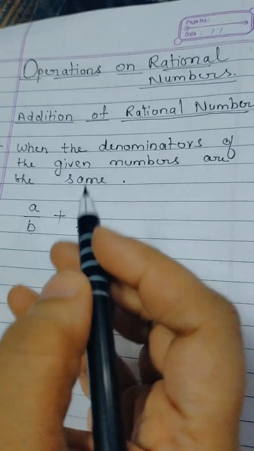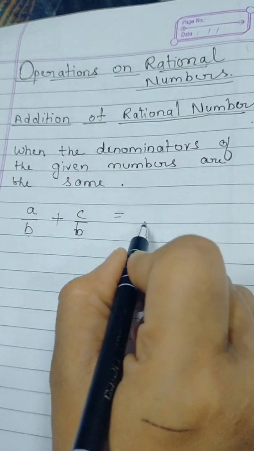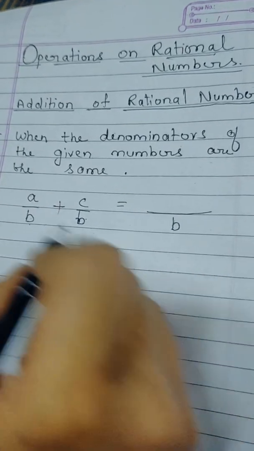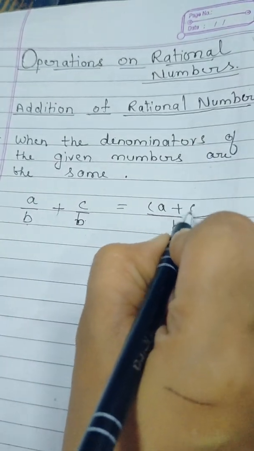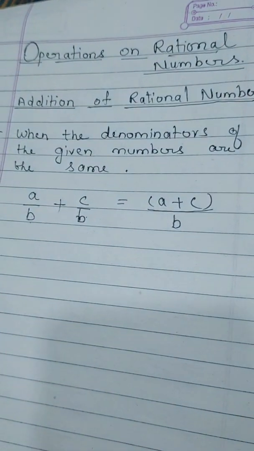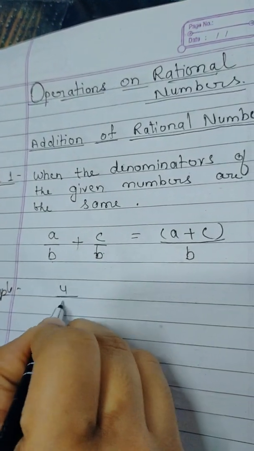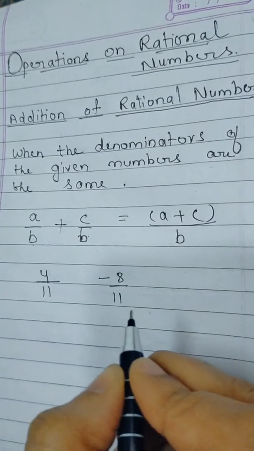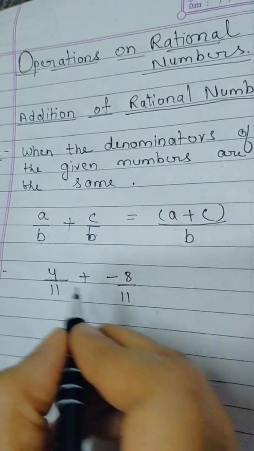So what do we do to add these? Since we have the same denominator, we will write the common denominator and simply add the two numerators a and c. For example, if we have two rational numbers 4 by 11 and minus 8 by 11, and we have to add them, how will we do that?